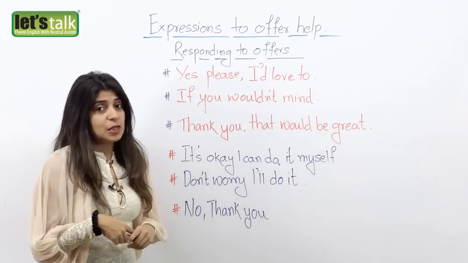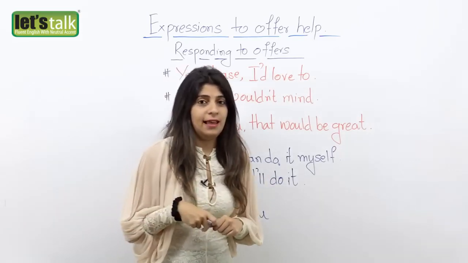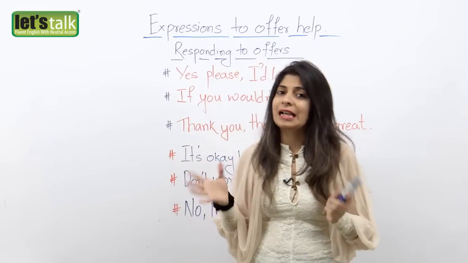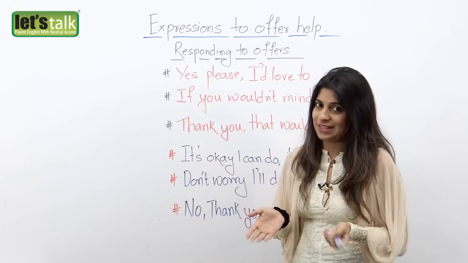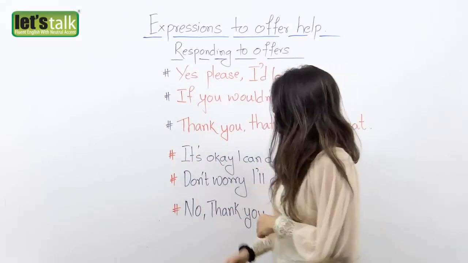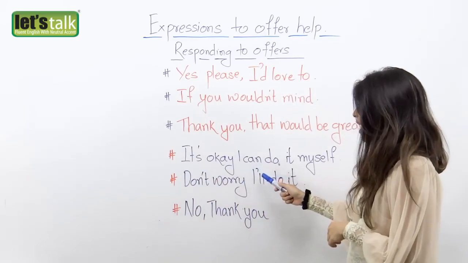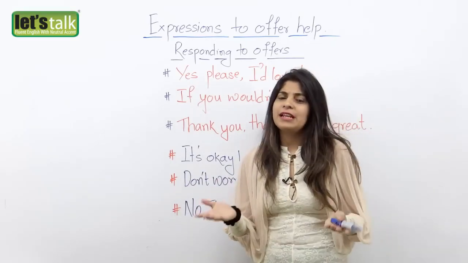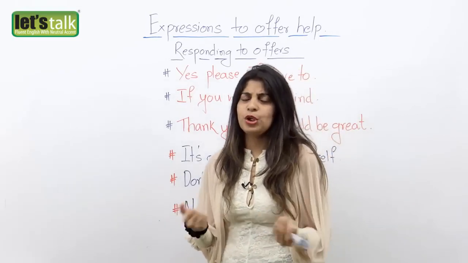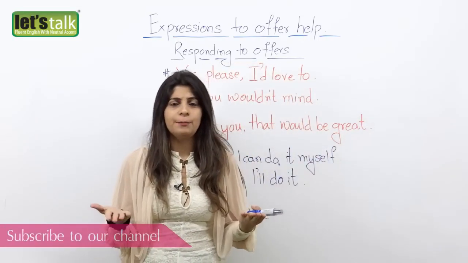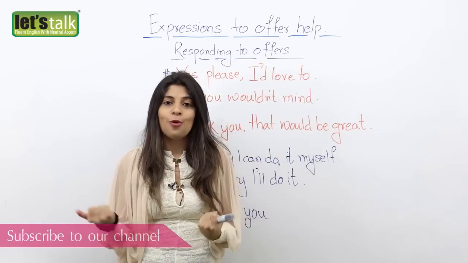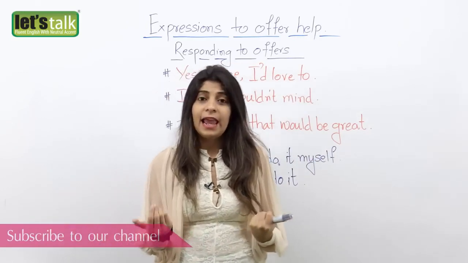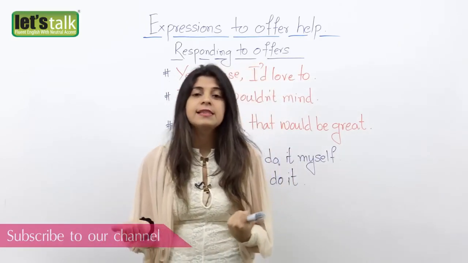Now at times, you really don't want any help. So how would you decline the offer, okay? So let's have a look. It's okay, I can do it myself. So, for example, you are working on your project and your colleague says, hey, would you like me to help you with this?